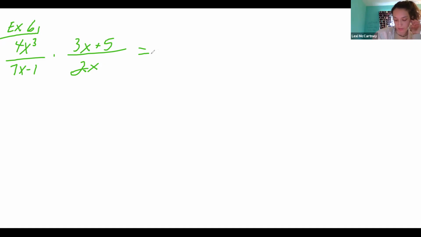Is it something with 4x cubed and 2x? Yep, we can actually get rid of the 2x in entirety, and we're going to be left up here with a 2x squared. Now all we have to do is bring that together.